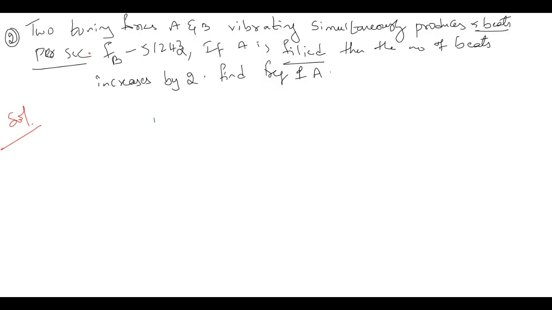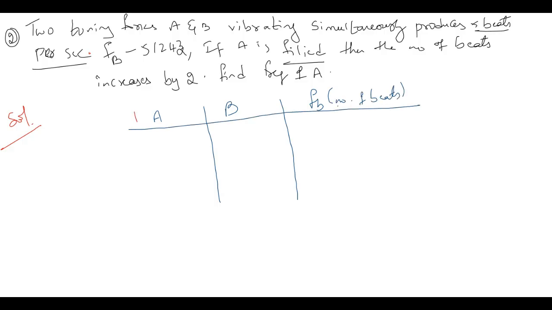So let us take tuning fork A, tuning fork B, beat frequency, number of beats. In the first case, case 1, case 2. Case 1 is normal. 5 beats are produced. Frequency of B is 512.